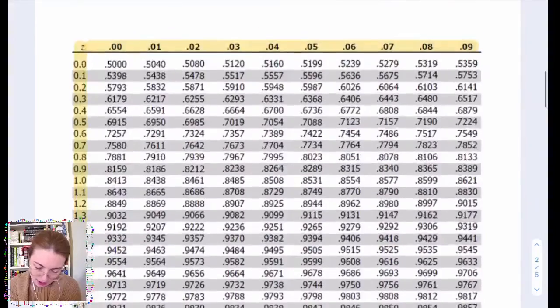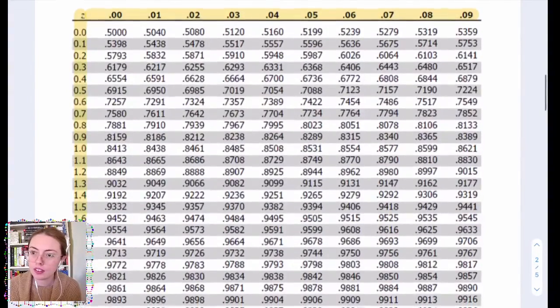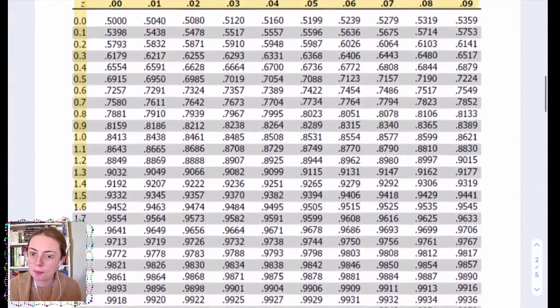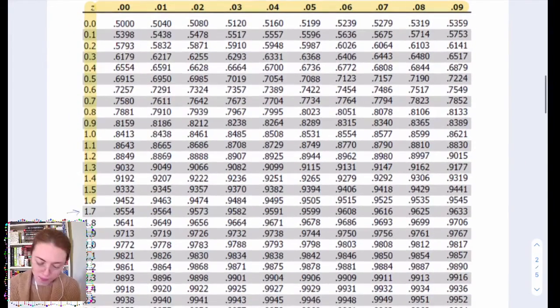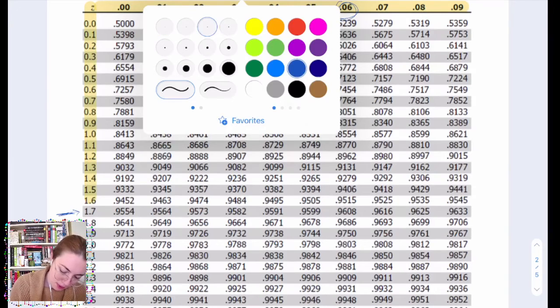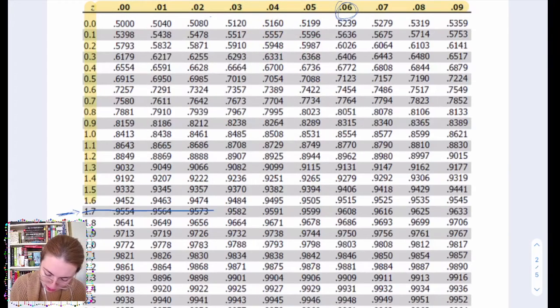Okay. 1.7 is this row, and the 0.6 is in this column. So let's make that a bit larger. We'll come across and we'll come down. There we go. 0.9608.